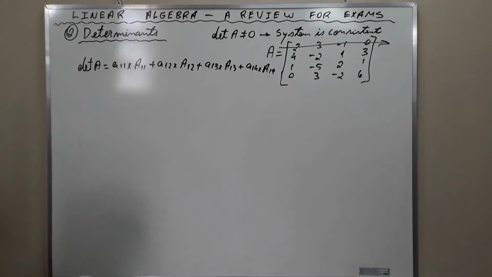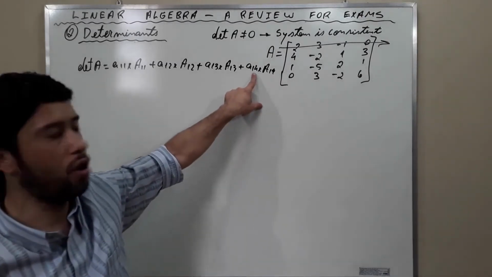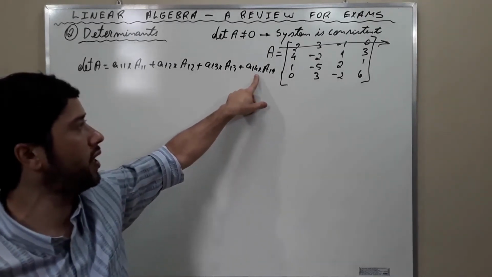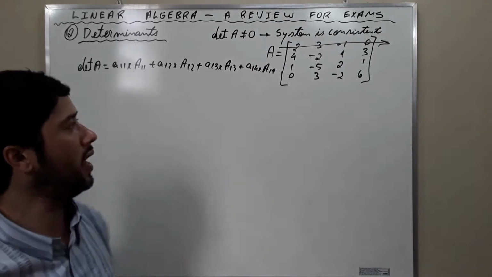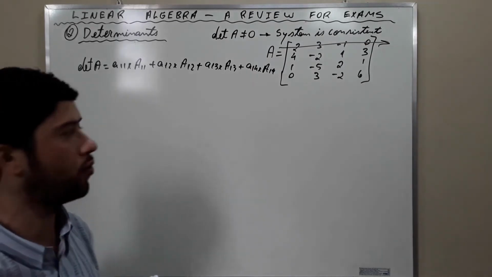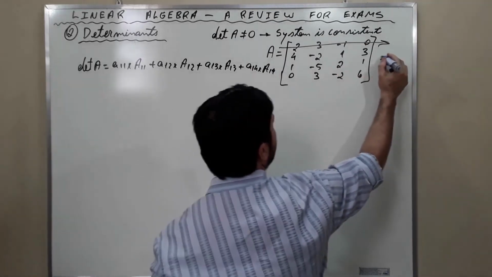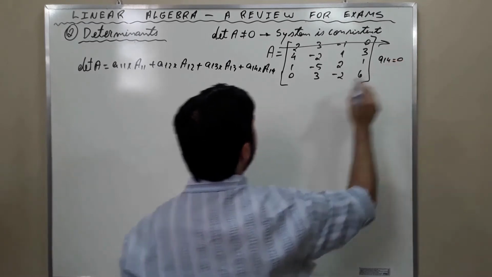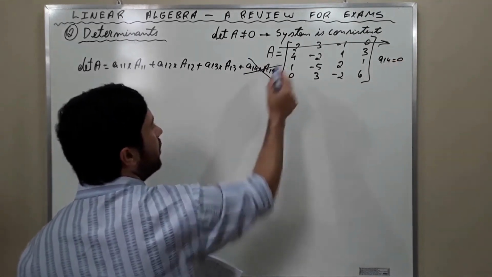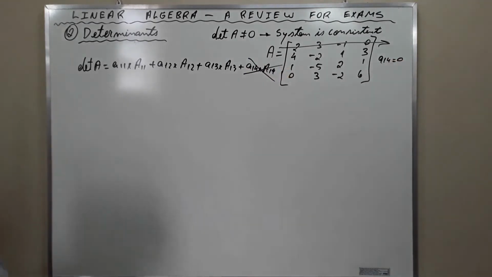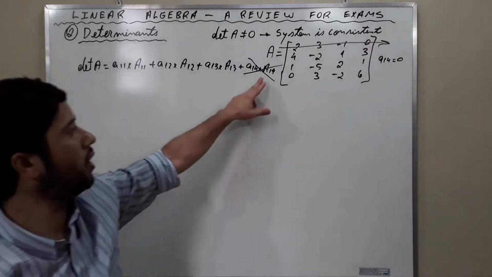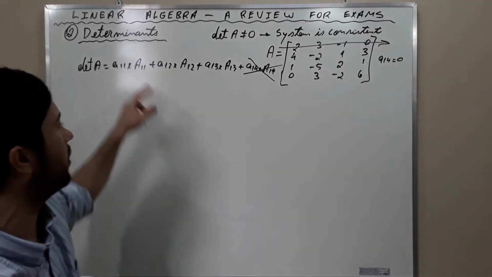Okay? You can see that we do not need to worry about this multiplication here because a14 is 0. Then we can cancel this. That's why we advise you choose columns or rows with most zeros, because you can eliminate easily.